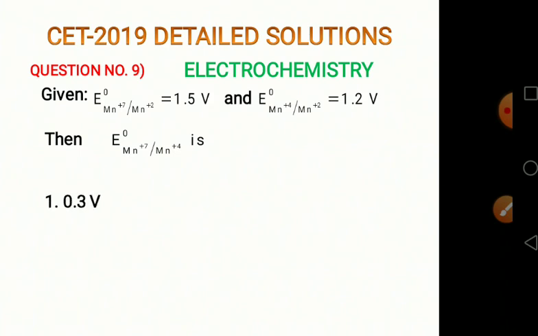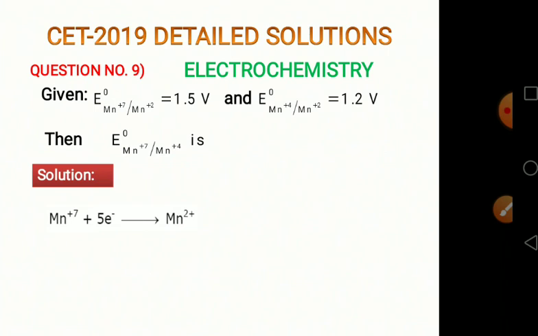The options given are 0.3 volt, 0.1 volt, 1.7 volt and 2.1 volt. Now let us see. In this particular case, we will write the reaction for all of these. Mn plus 7 needs 5 electron to change itself to Mn2 plus. That is where E1 naught is involved.